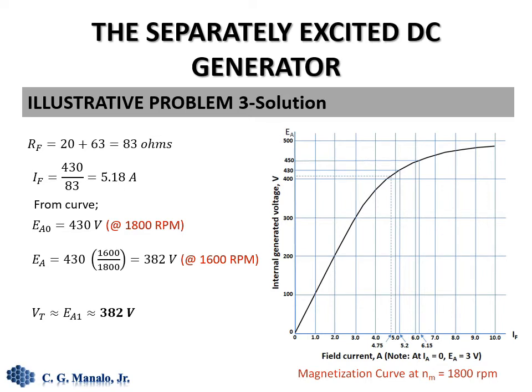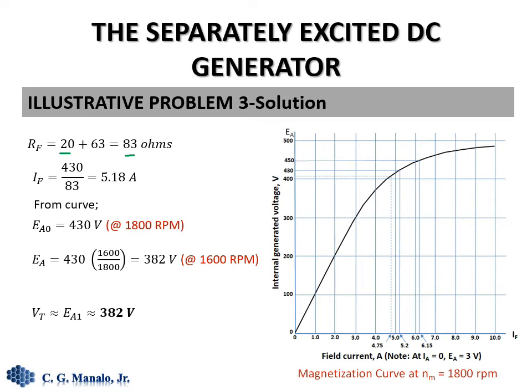First we compute the value of R sub F. R sub V is tuned at 63 ohms, plus the internal resistance of the field windings, you will get 83 ohms. Then we go on to compute our field current.